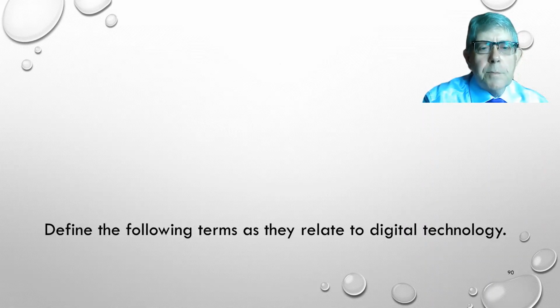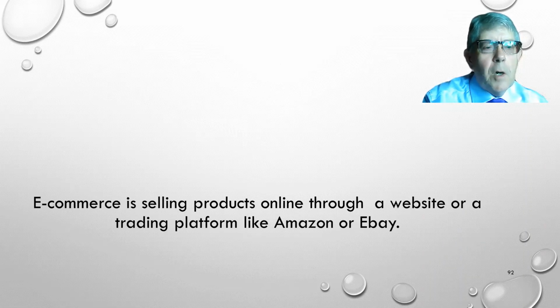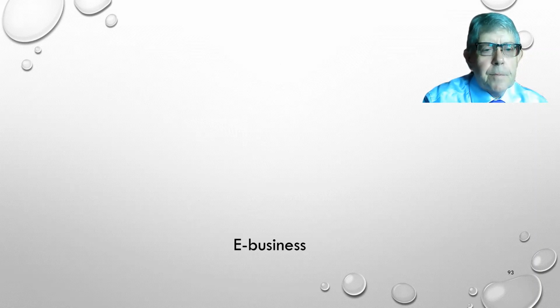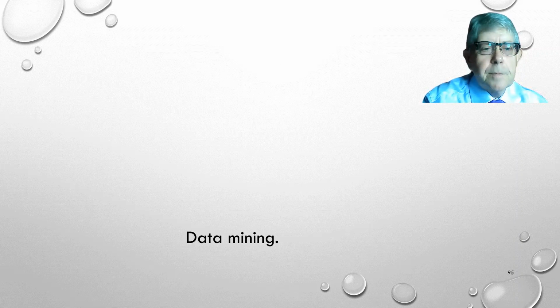Define the following terms as they relate to digital technology. E-commerce. E-commerce is selling products online through a website or a trading platform like eBay. E-business. E-business is the integration of digital technology in all aspects of the business. Data mining.